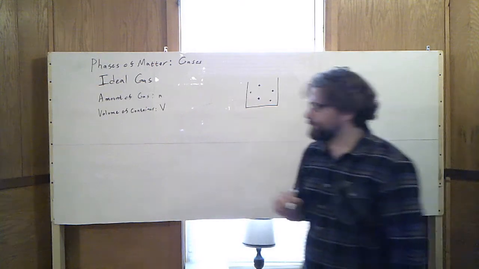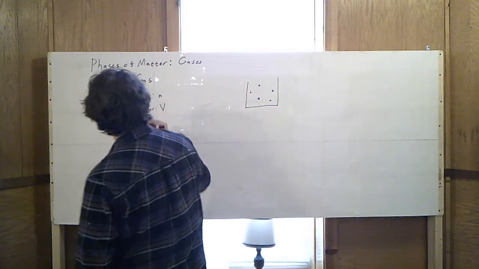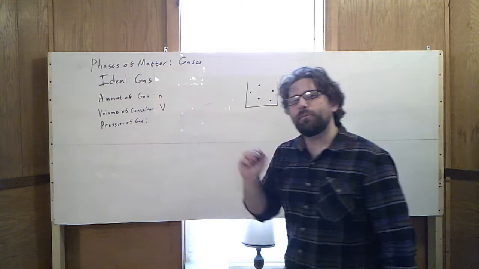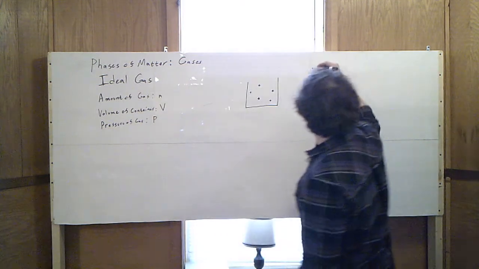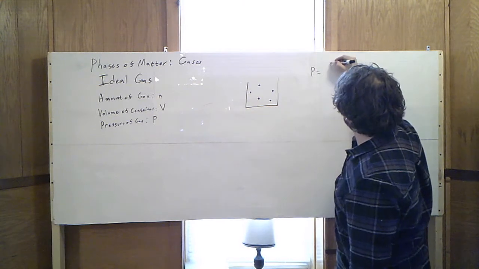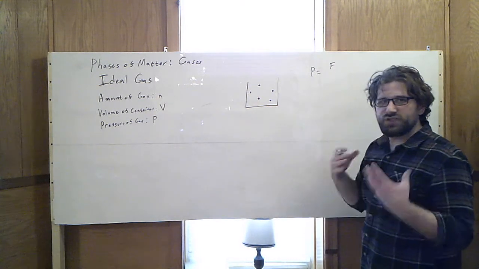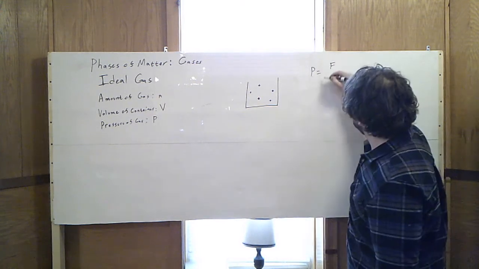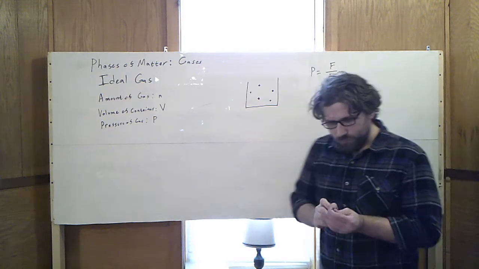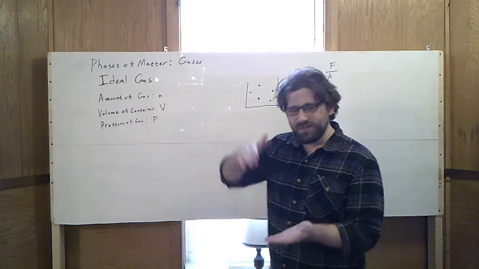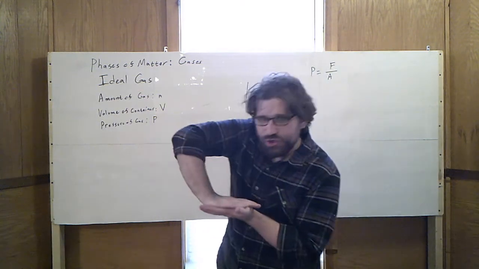Next, we have pressure. What is pressure? Well, we're going to represent that with a capital P. Pressure is going to be equal to the force of something over an area. Okay? It's over an area. So a good example of that is if I take my hand and push my hand down.